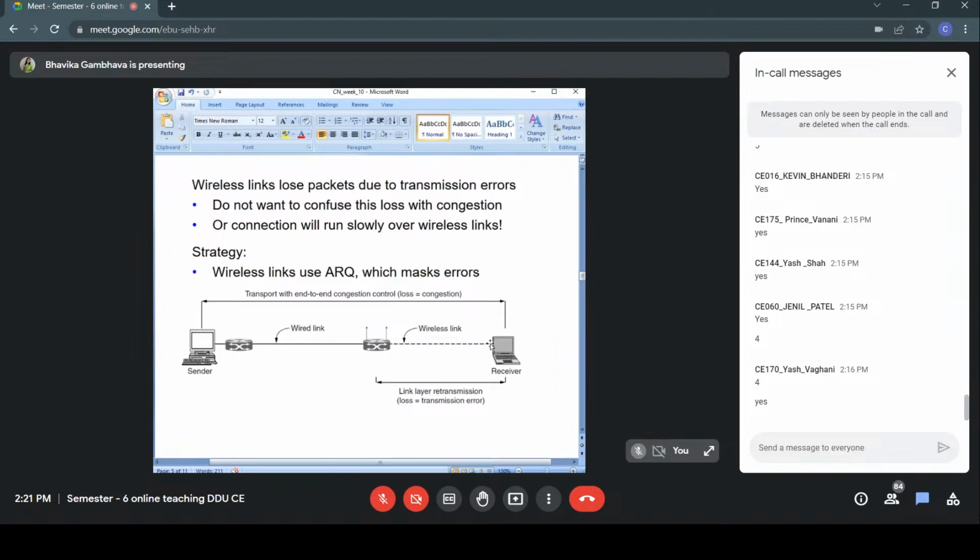If the receiver does not receive that, no acknowledgement will be sent. So due to the absence of acknowledgement, your sender will be reducing the flow. But that was not required because there was nothing wrong over the wired link. The problem was over the wireless link due to errors. And if it is a case of errors, retransmissions are a sufficient remedy to recover from the losses. We don't need to reduce the flow to reduce the congestion.